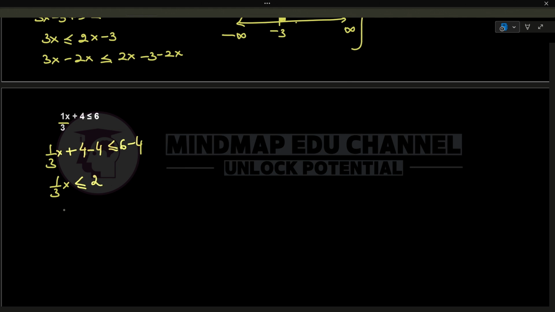Now, multiply by 3 on both sides. What will we get? We will get x is this into 3. So, x is less than or equal to 6. Now, mark it on the number line.